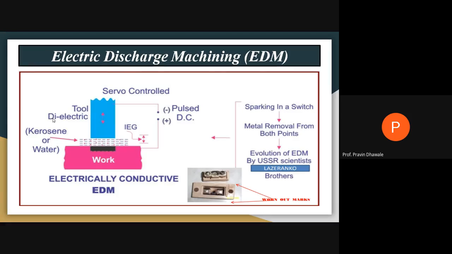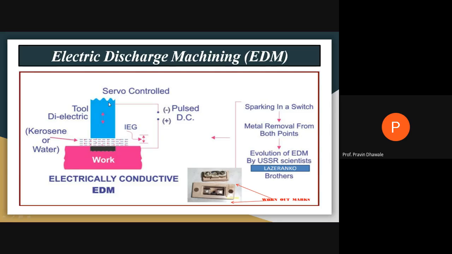What happens when we maintain a certain distance between this electrode and the workpiece, right? Sparking takes place, right? And in electric discharge machining, because of the sparking, high heat is generated at this gap, and because of the increase in temperature, the material is removed from the surface of the workpiece.